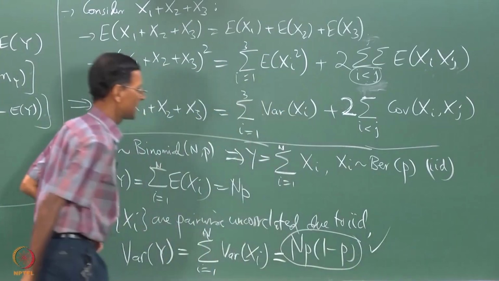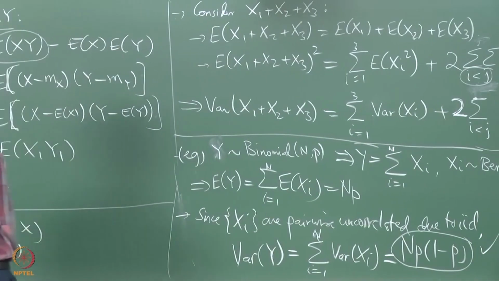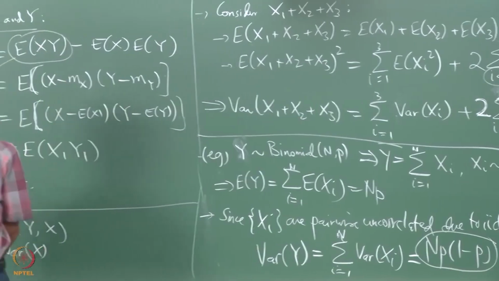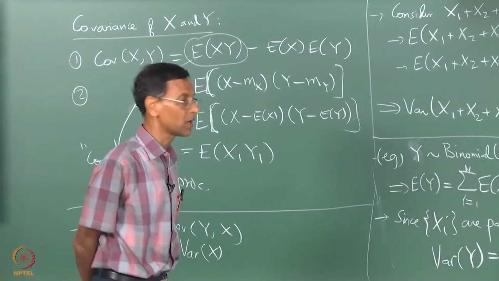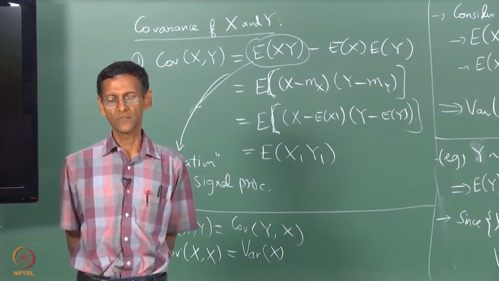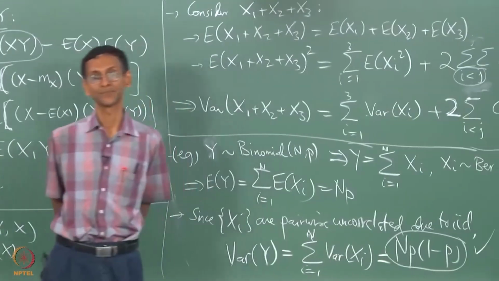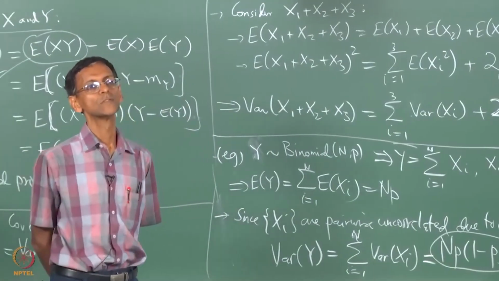You can put a tick against that. This is exactly what we got earlier by a long roundabout calculation of E of y and E of y squared and so on, which is not required because you just write y as a sum of x's. This is okay to everybody.